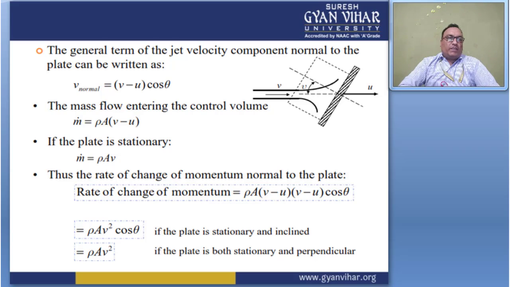In general terms, the jet velocity component normal to the plate is v equal to v minus u cos theta. U is the velocity of the plate, and theta is the angle between the normal axis of the plate and the striking direction of the fluid.